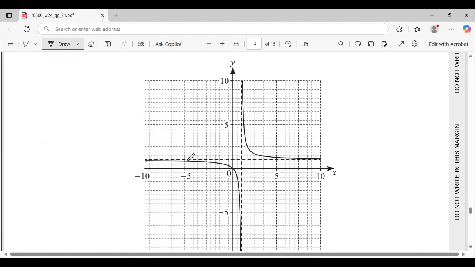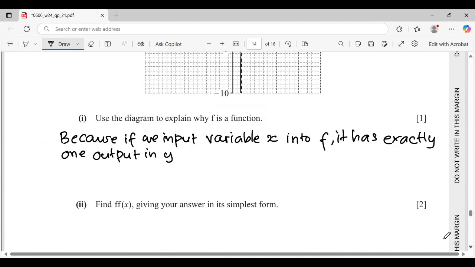Minus 5 only has one output. As well, 5, one output. 10, one output. 2, one output. Minus 2, one output. So that's why this graph is a function.